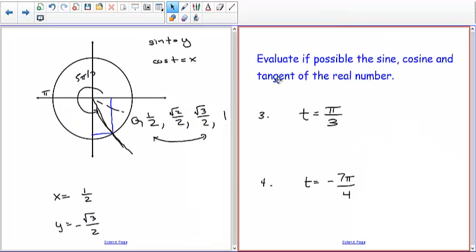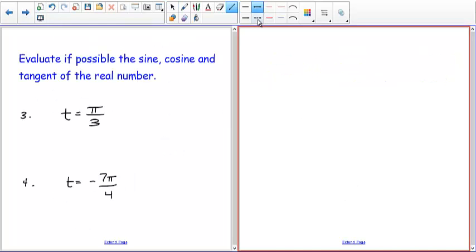Okay, same thing here. We've gotten angles. We've got one additional request, which is to figure out the tangent. But once you have the sine and the cosine, you can do the tangent using a number of different possibilities. So let's start again. Here's our coordinate axes.